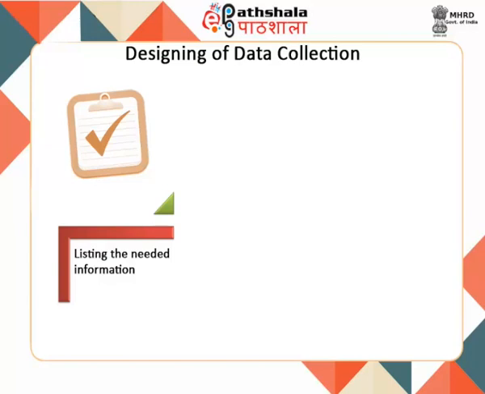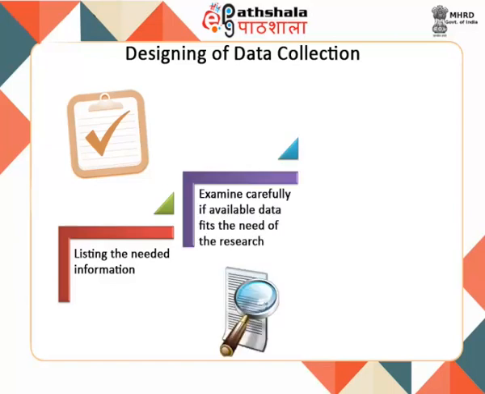Second step. After reviewing the secondary sources, examine carefully if available data fits the need of the research, that is, its adequacy, the purpose for which it was collected, the definitions used for various concepts, the time when it was collected, internal consistency of the data, and its reliability.